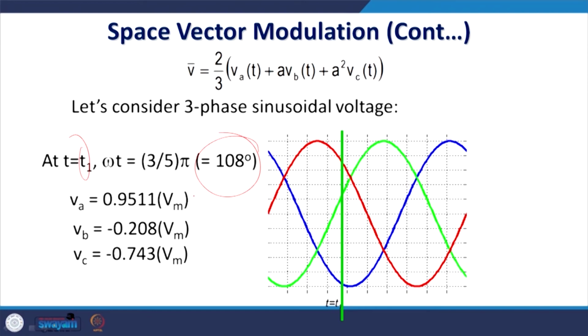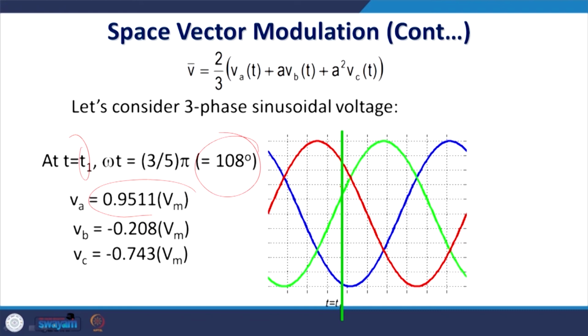So, VA will have 0.95 Vm, VB will be 0.208 Vm, and VC is the most negative phase here, that will be minus 0.743 Vm. So, the summation is 0. We require to generate this voltage.